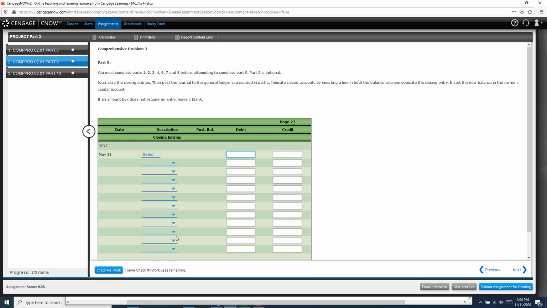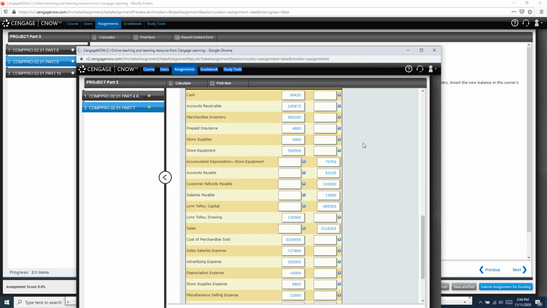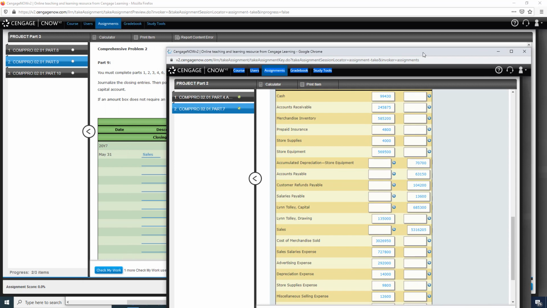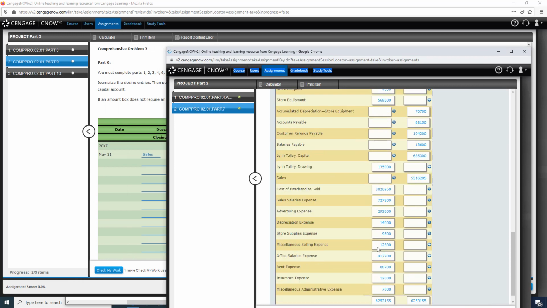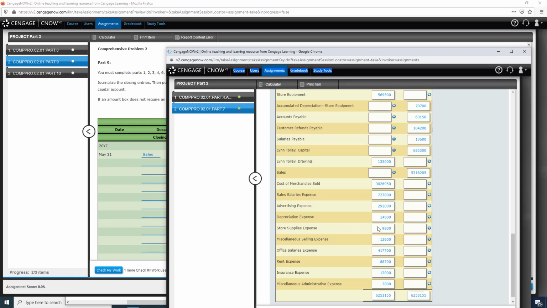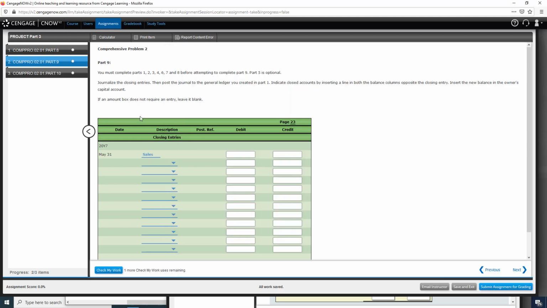And all of these expense accounts on the adjusted trial balance, the normal balance of those expenses are all debits. You see, all debits. So now we want to credit all of these balances. Select all of these expenses here and credit them, so that way they offset and they will be eventually zero.